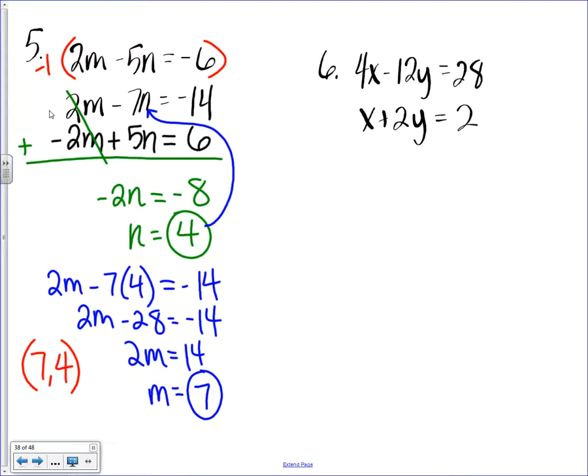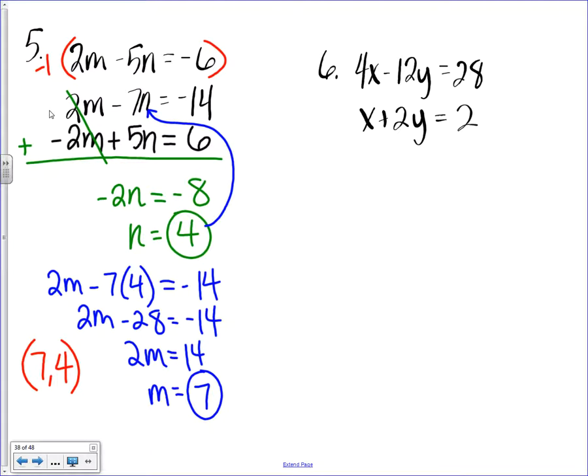Take a look at number 6. Are they in the correct order? They are. Do they have additive inverses? They don't. So you need to make them. Okay. We've already shown that we're going to multiply the equation by something, right?